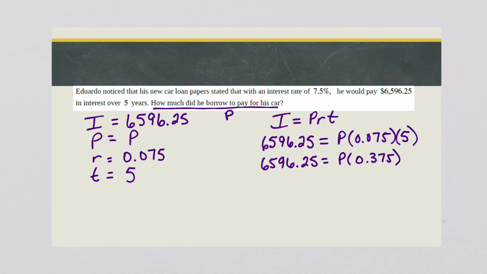And so now I want to get that P by itself, so I've got to divide both sides by 0.375. So on my calculator, I type it in this specific order, 6596.25 divided by 0.375, and I get 17,590. My P is $17,590. That's how much he borrowed for his new car.